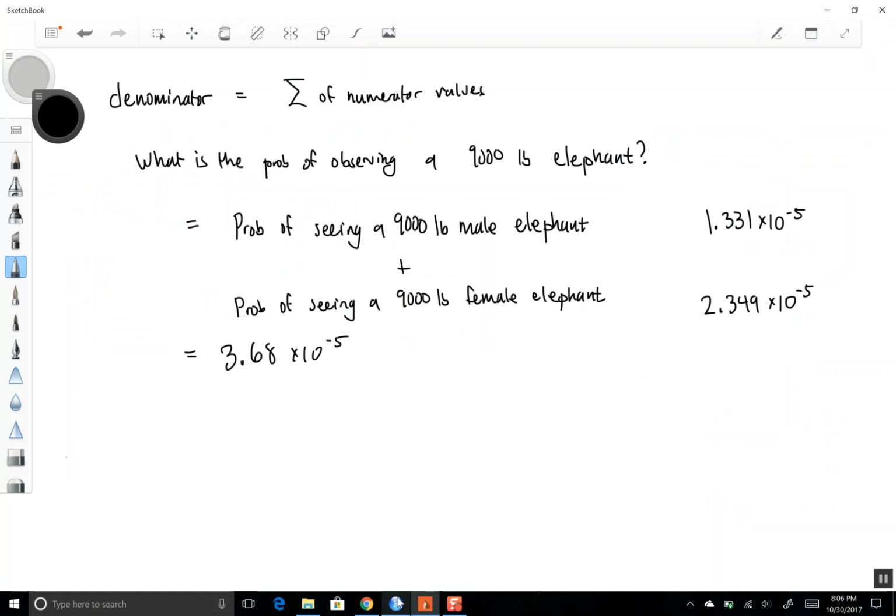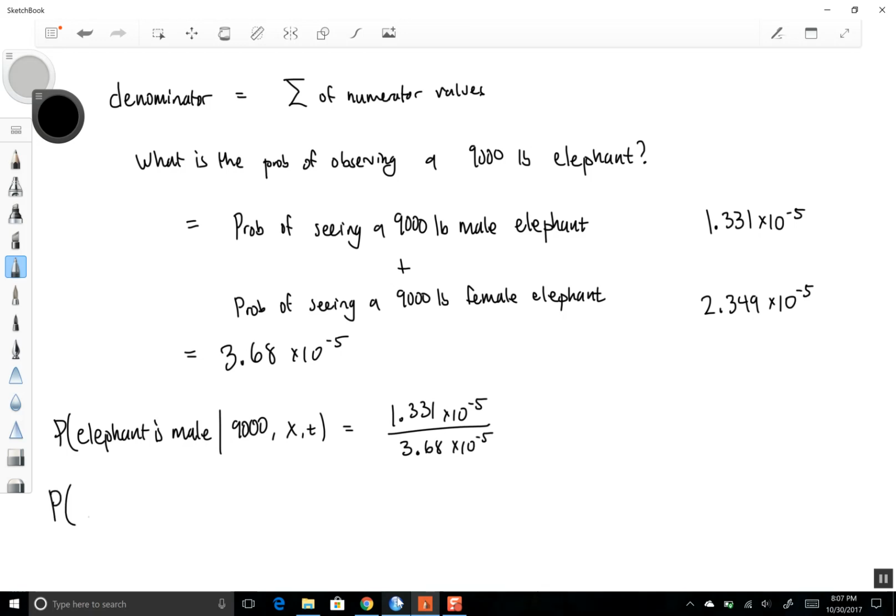All right, and so now we can answer our original question. What is the probability that the elephant is male given that it weighs 9,000 pounds and all of our previous training data? This is going to be equal to 1.331 times 10 to the minus 5 divided by 3.68 times 10 to the minus 5.